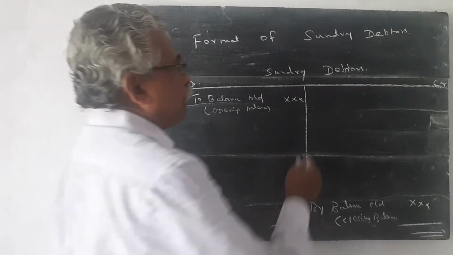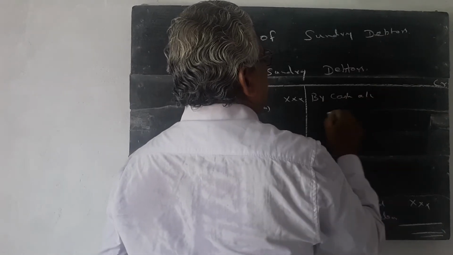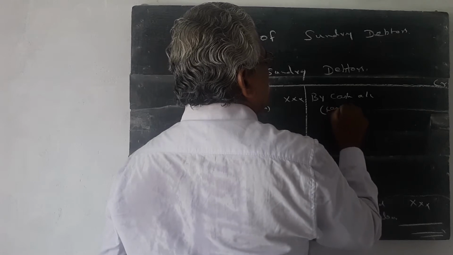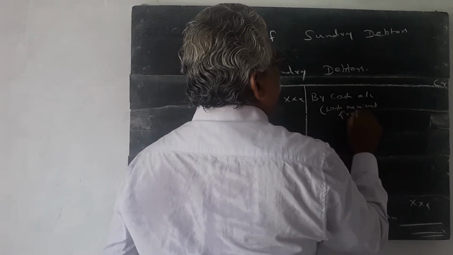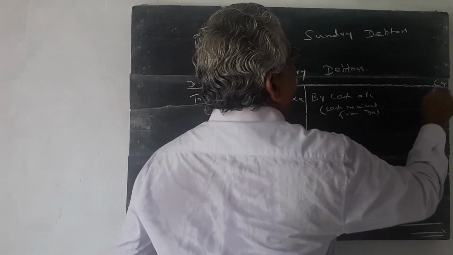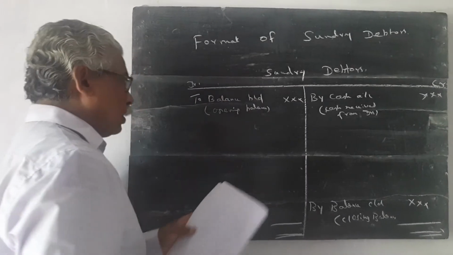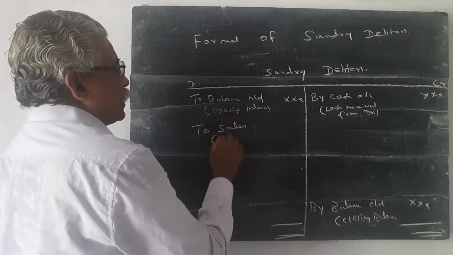Then by cash account, that means cash received from debtors, is entered here. Then on this side we get sales, that is credit sales.